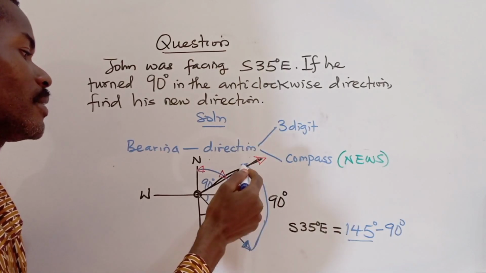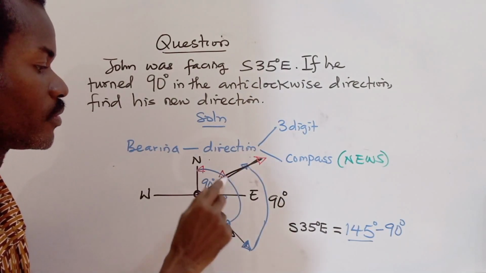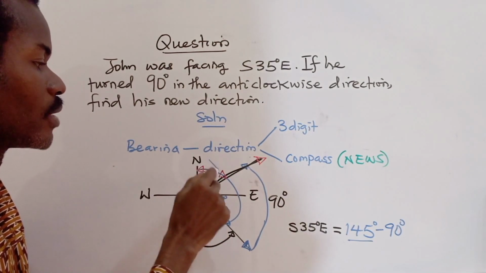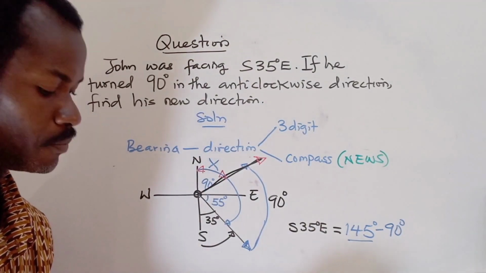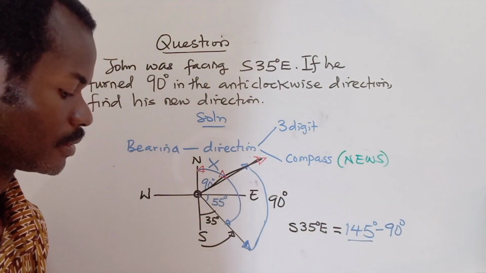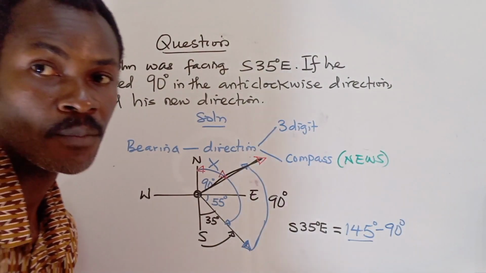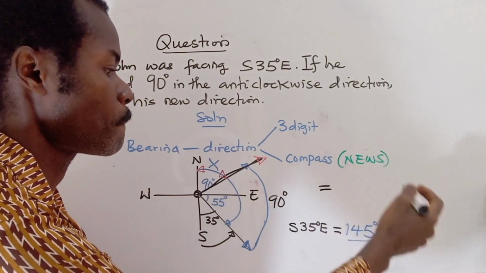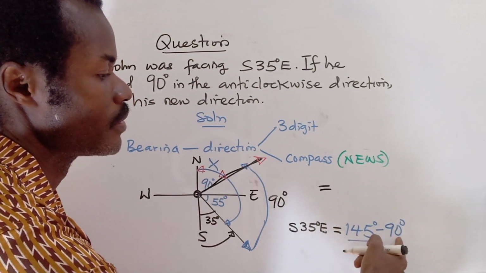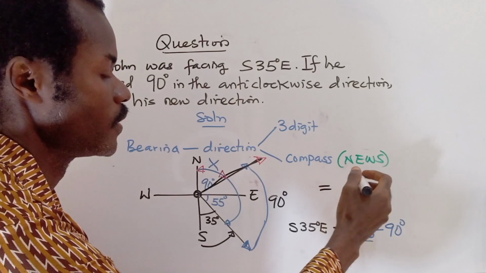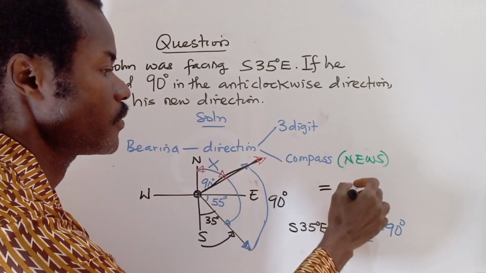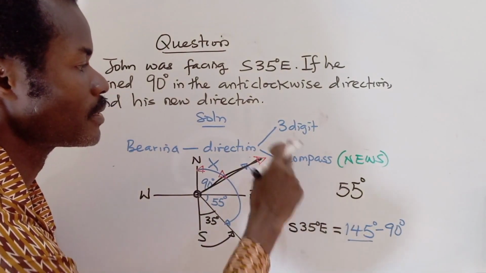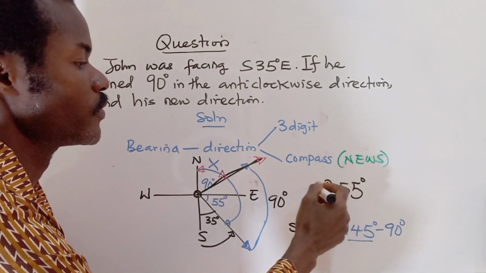If we come back 90 degrees inside of this 145, whatever is left will give us the angle at this point. So 145 degrees minus 90 degrees is going to give us 55 degrees. Now let's write it in 3 digits, so it's going to be 055 degrees.